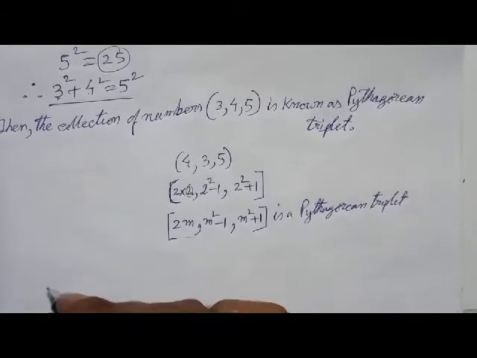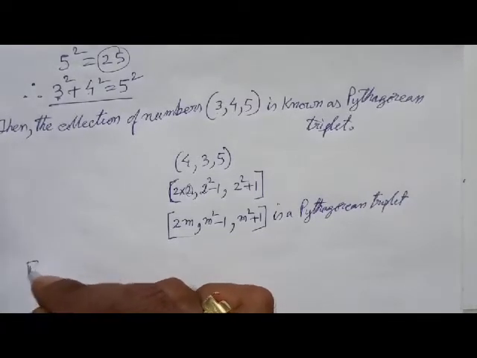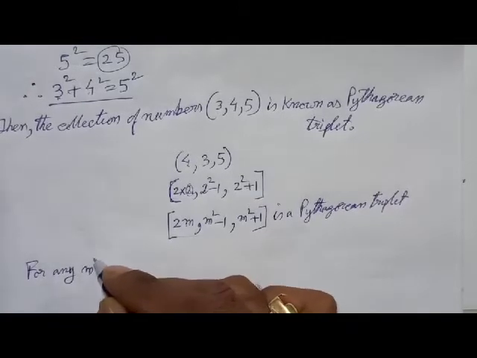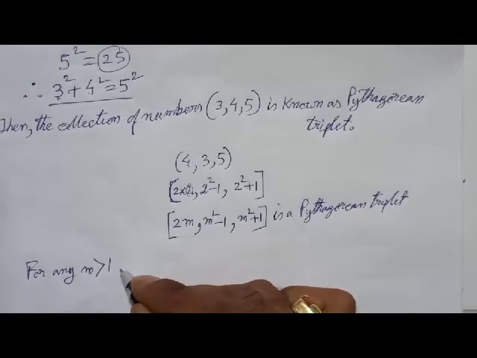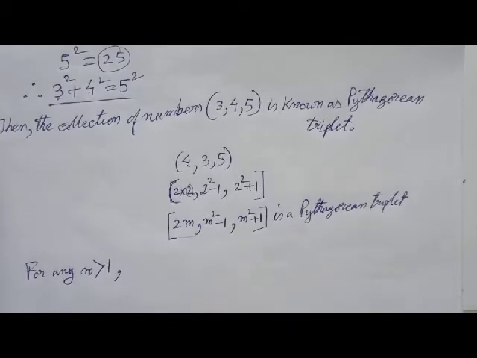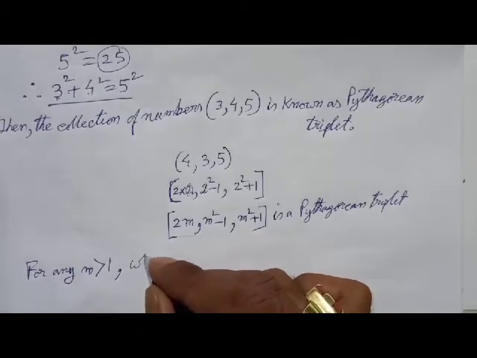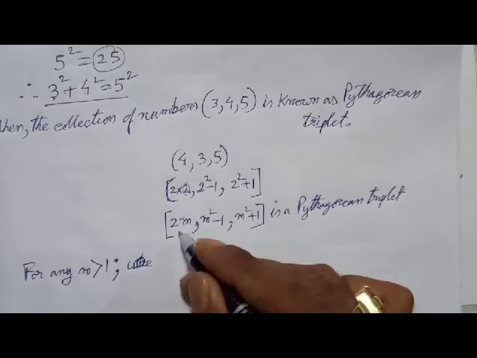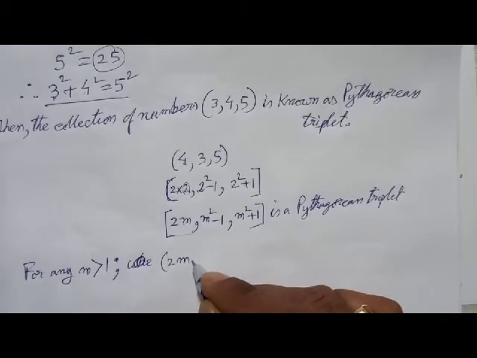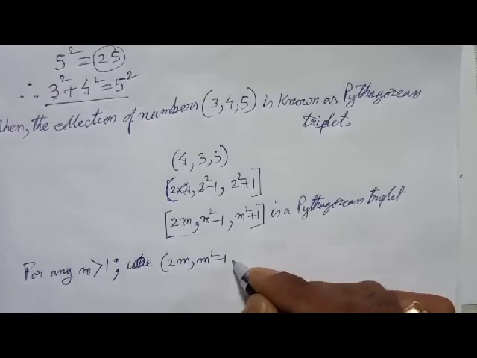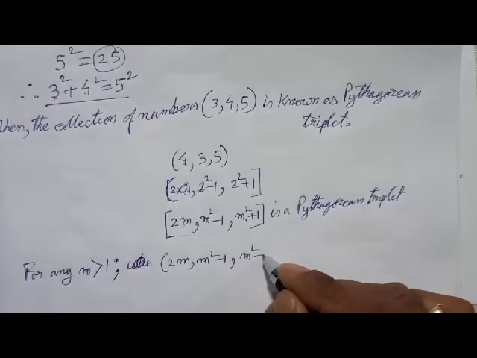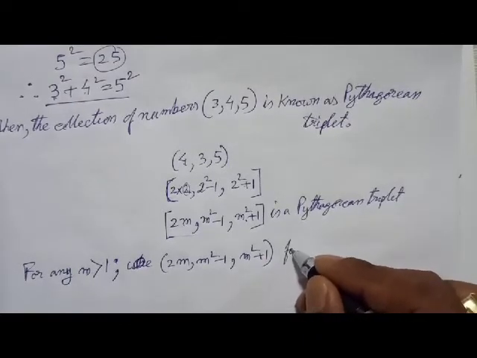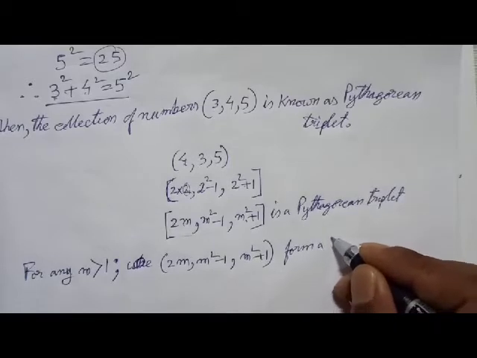So we can write this as like that. For any m greater than 1, 2m, m square minus 1 and m square plus 1 form a Pythagorean triplet.